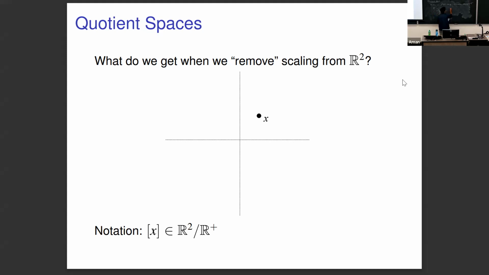So imagine that you have a topological space X. And we also have the equivalence relationship that we defined before, which we can use to see if two objects in this space are equivalent or not, right?